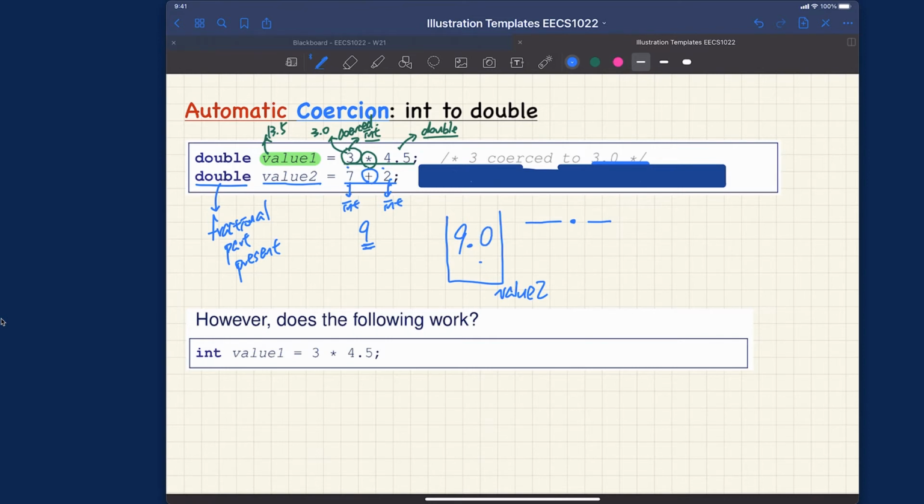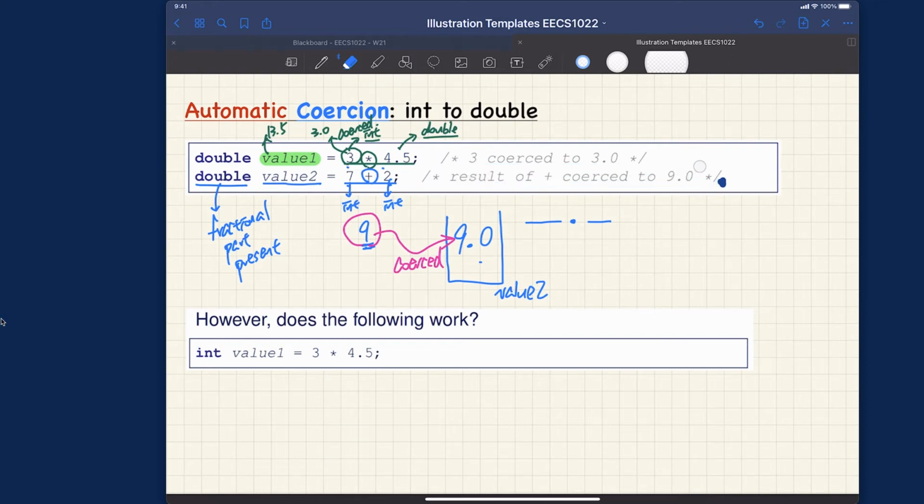Mathematically speaking, they are equivalent. So the process of going from 9 into 9.0 is the second instance of coercion. 9 is coerced into 9.0. You can also see this in your slides. So that's about coercion: you coerce automatically from an integer to a floating point number when necessary.